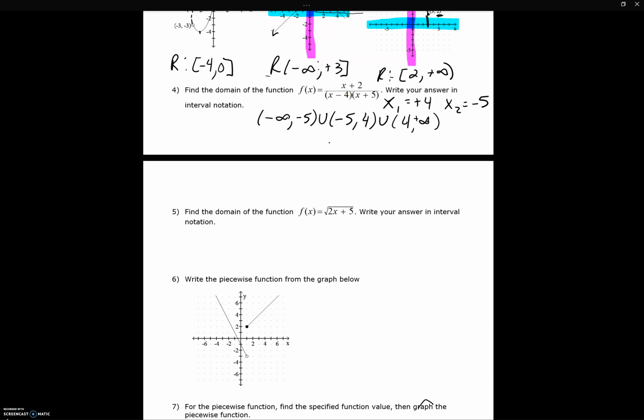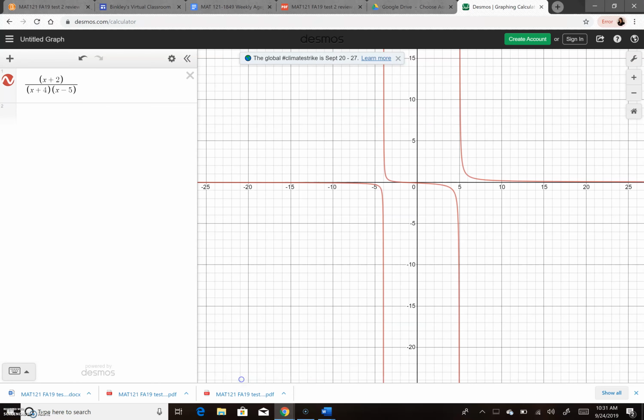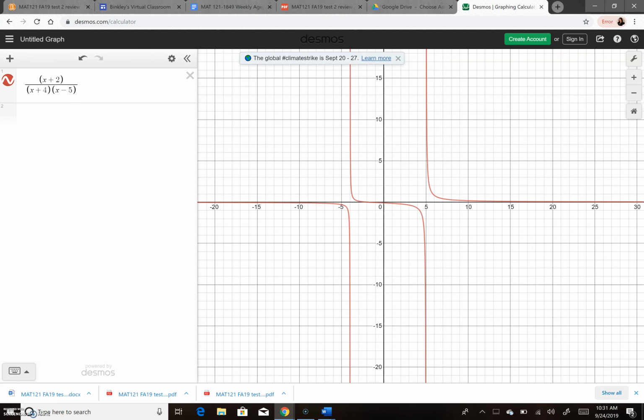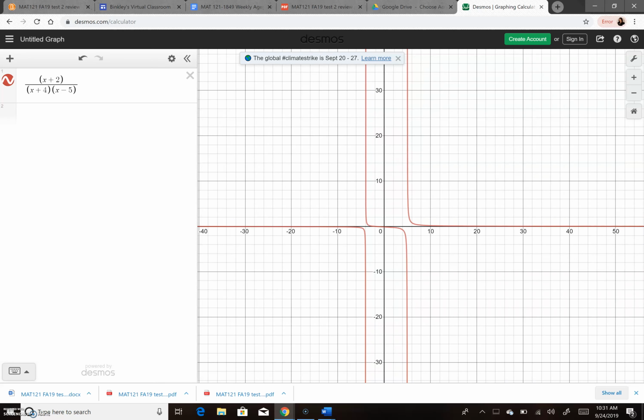And the range for this, we're going to have to look at, if you graph it, I'll pause this and graph it for you guys, but we're going to have to look at our horizontal asymptote to figure out where the range is not going to be. So as you can see from the graph of this function, there doesn't seem to be a horizontal asymptote, or it's a slant asymptote, but our y value, because of this middle line here, right?